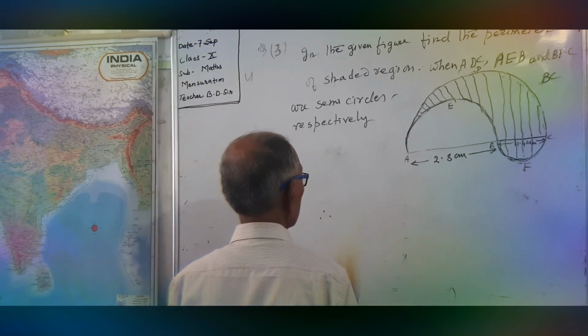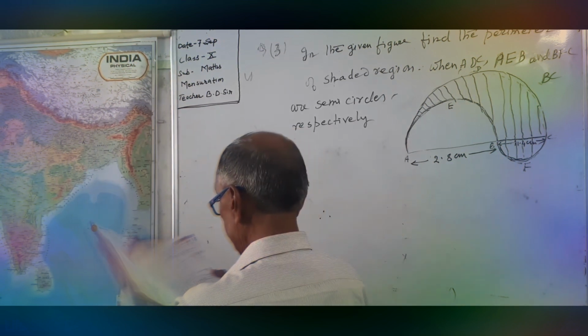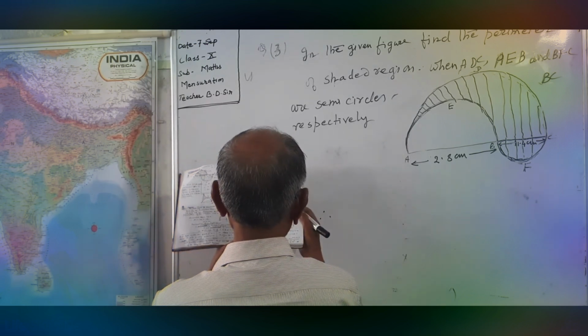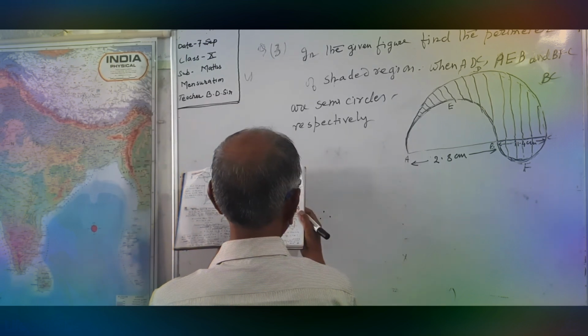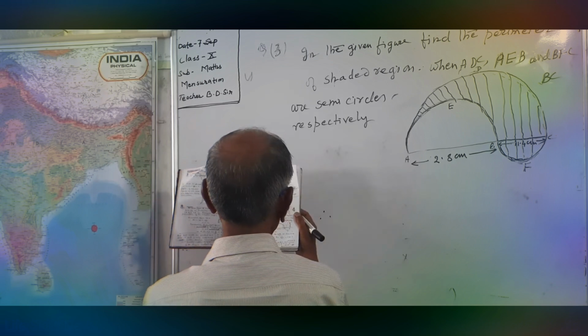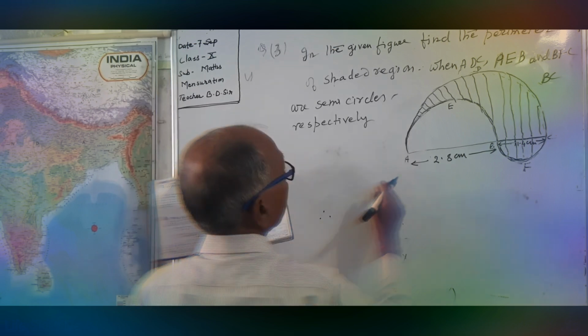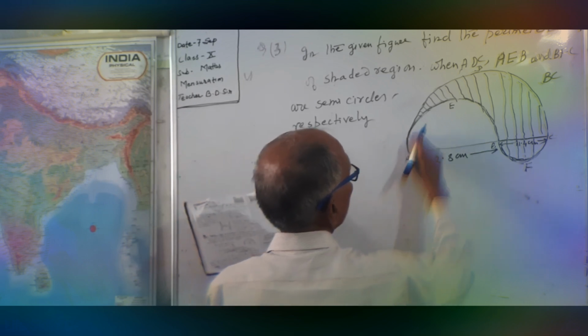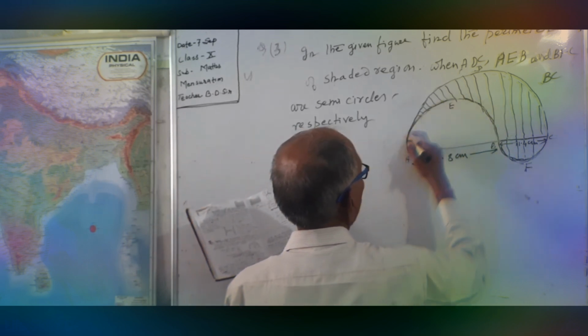So I am solving the answer. Perimeter of the shaded region: first of all, length of the semicircle AEB. This length.